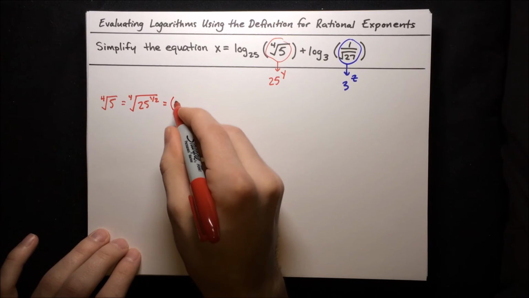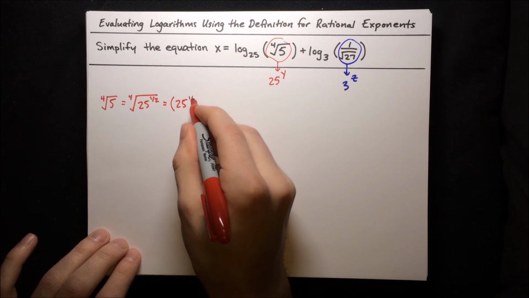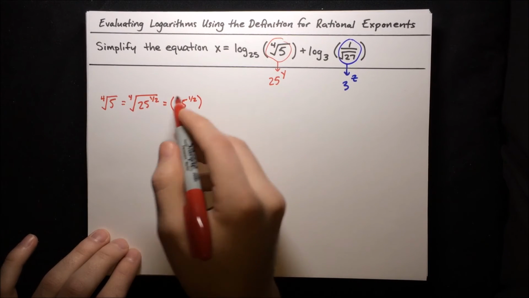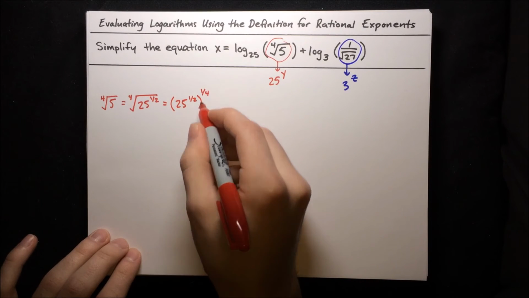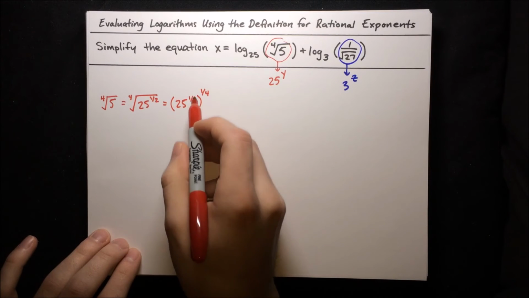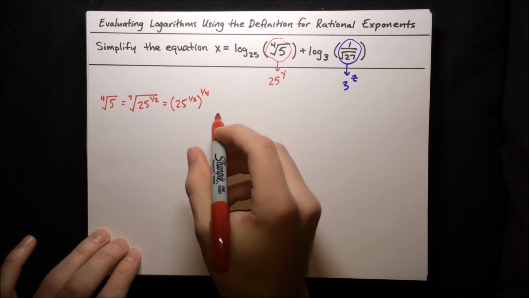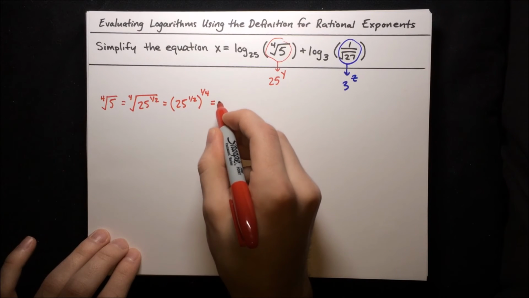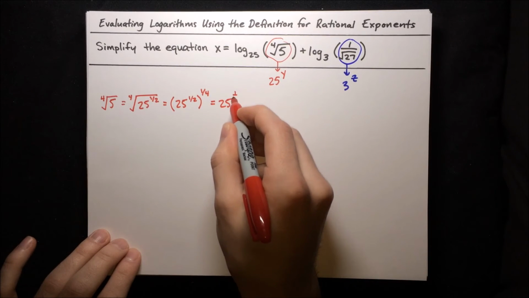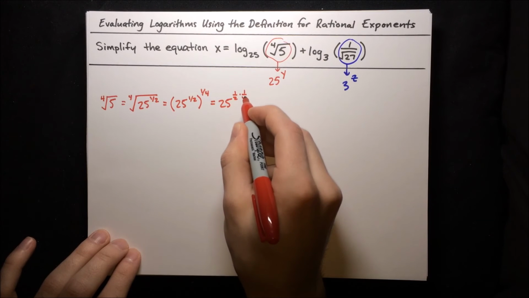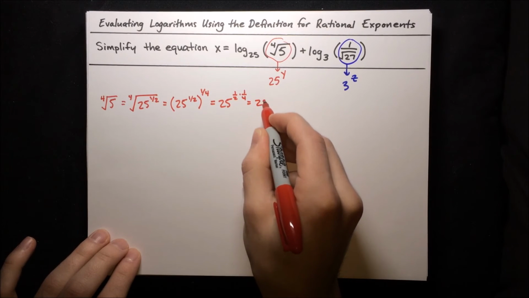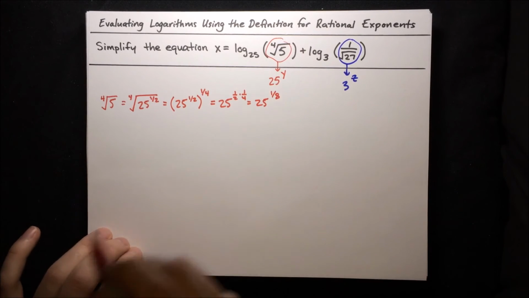So this is like 25 to the 1/2 power to the power of 1/4. And when we have an exponentiated expression raised to another exponent, we just multiply the exponents. So that's 25 to the 1/2 times 1/4, or just 25 to the 1/8.